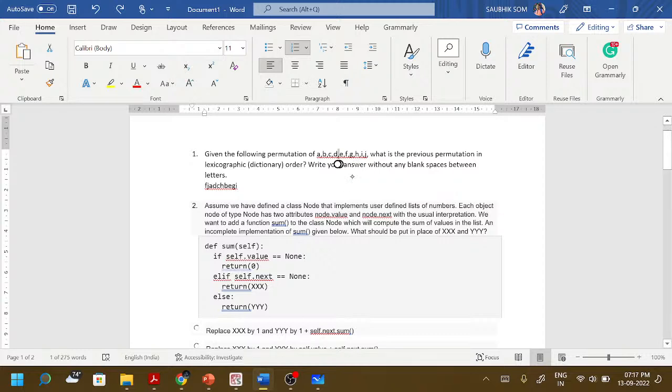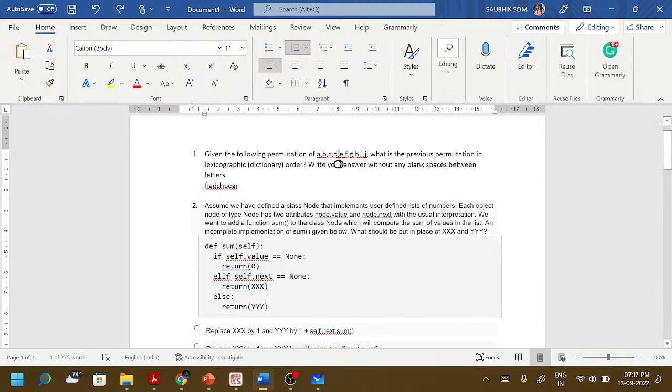So this is the one we have to do. We have to find the previous one. So this is the input, F J A D, and they have asked for the previous permutation of this. More than coding, we want the explanation of how it has to be done, then the coding, sir.